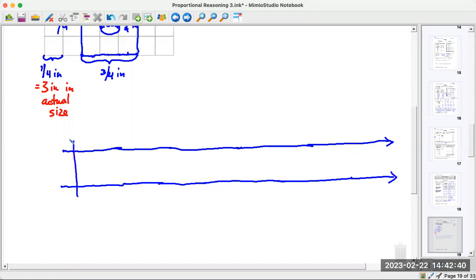So I'm going to start here with 0, 0. No measurement, no real birdhouse. This line means the scale drawing in inches. We want to write our measurements. And this is the actual birdhouse.